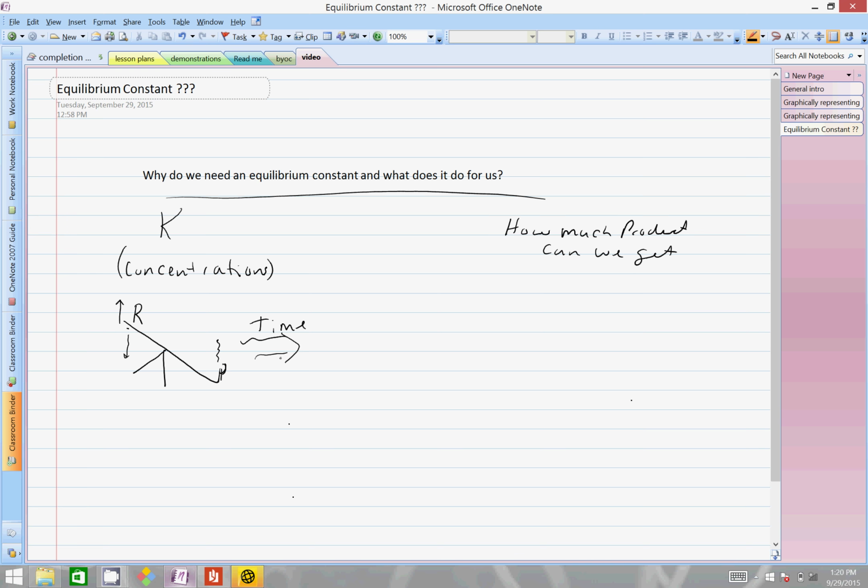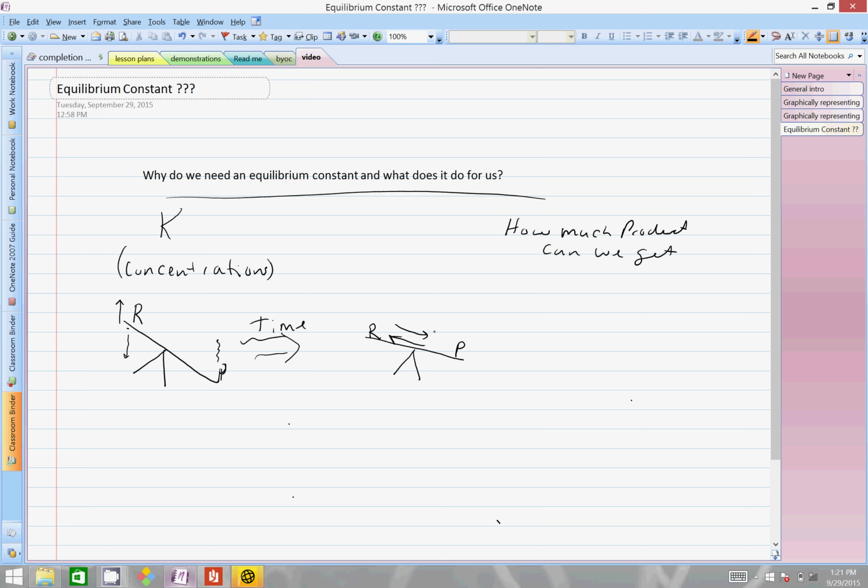Now, I drew the teeter-totter flat last time, but maybe this balance isn't flat. Okay, maybe because the flatness might represent equal amounts of both. But let's just say this thing teeter-totters to this, okay, where we still have a decent amount of reactant and still have a decent amount of product. And now we're at a static point where the forward reaction equals the reverse reaction.